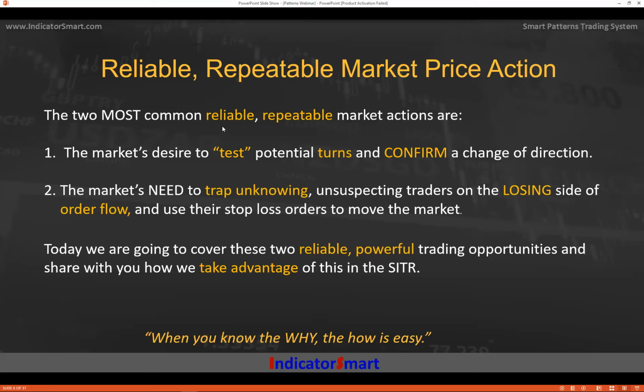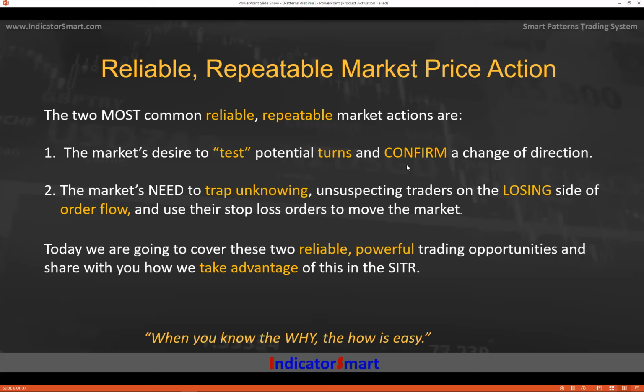But anyway, the two most common, reliable, repeatable, pick your superlative, market actions are the market's desire to test potential turns and then confirm that there's a change of direction. What that does is it allows the innovators that are building positions at turns to continue or to stop.